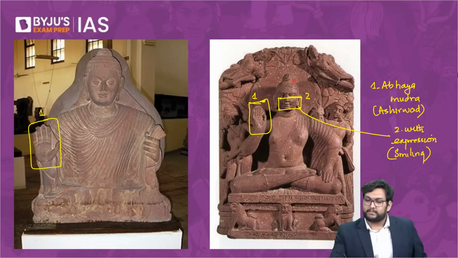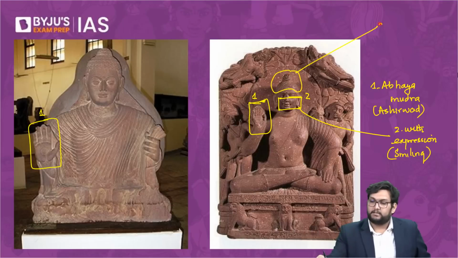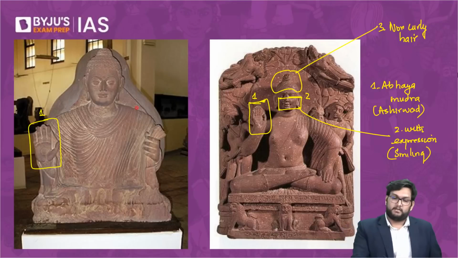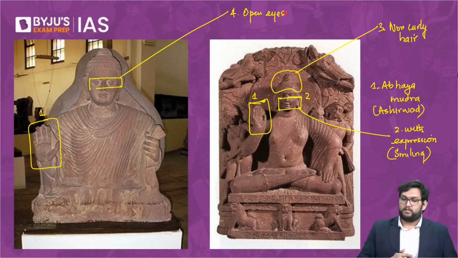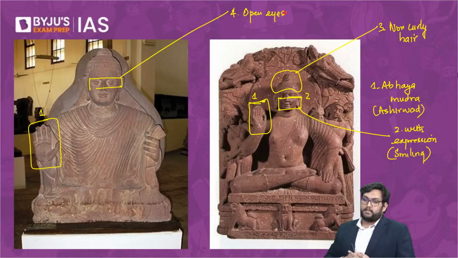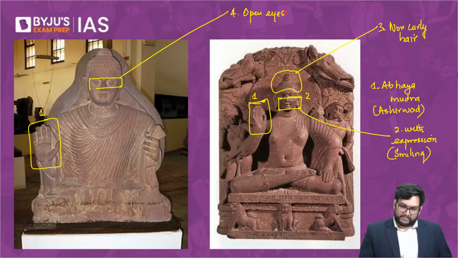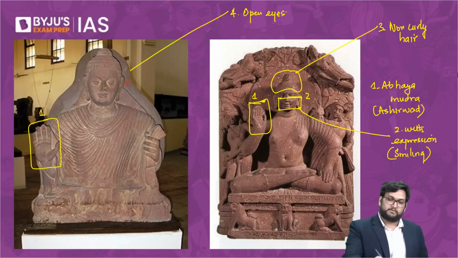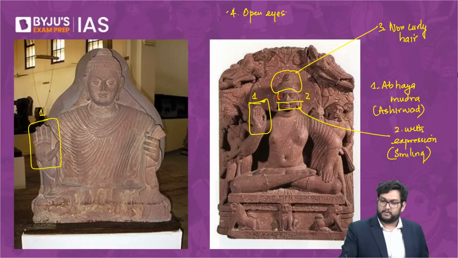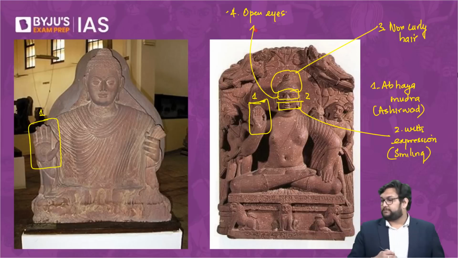Thereafter, you can see here non-curly hair and one more thing, which is open eyes. Rather, I should mark it on this one. This is half closed, later expression. This one, open eyes.